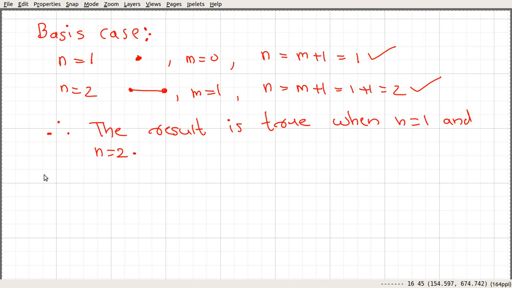Let me state the induction hypothesis, then after that we will prove the general case.